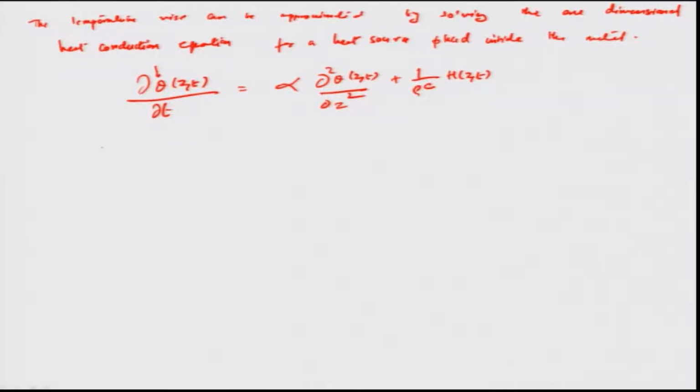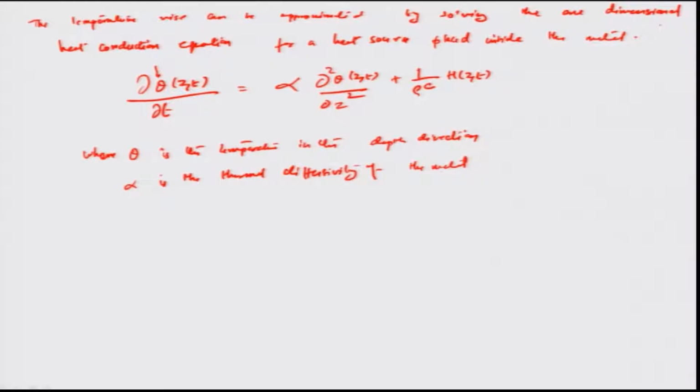Okay. So, here the various terms mean theta is the temperature in the depth direction from the heat pocket. Alpha is the thermal diffusivity of the material, the metal, and z of course is the distance from the surface.